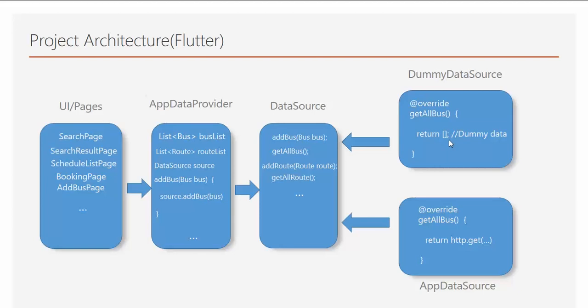If you have another data source like Firebase, then you should create another class, and this class should also extend this data source class and override all the methods, and then implement the methods with the Firebase code.